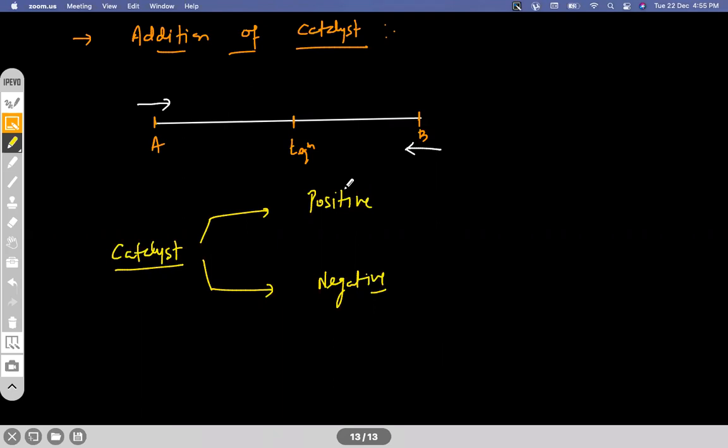Understood? Positive catalyst, what I said, it increases the rate of reaction, increases ROR. And when I say ROR, it means rate of forward reaction increases, as well as rate of backward reaction also increases.